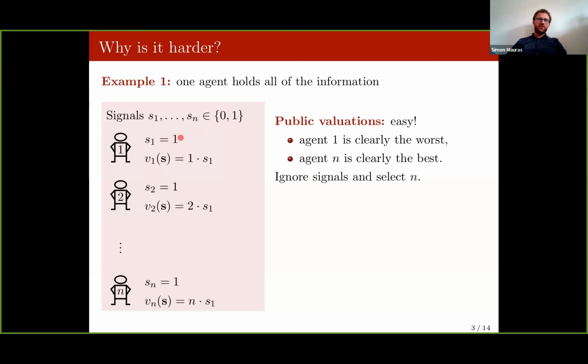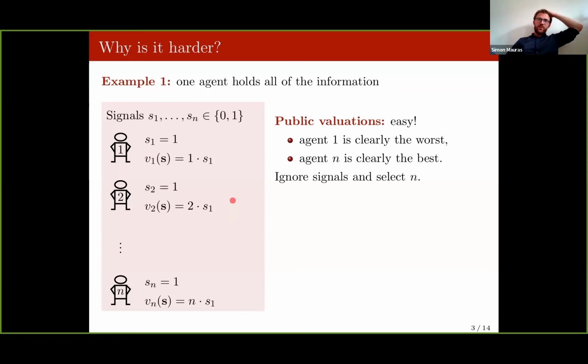It could be 0, it could be 1. In this case, this is very easy when the valuation functions are public. Clearly, agent 1 has the worst value no matter what, and agent n has the best value no matter what. So you can even ignore the signal and select the nth buyer, and you will always be optimal. So this is trivial in the public valuation setting.